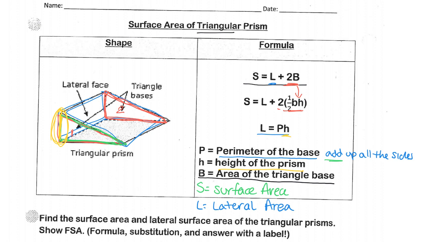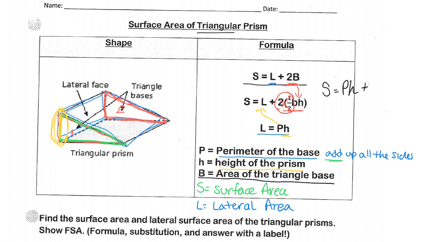Okay. So let's plug this in for L, so that way we have a streamlined formula. This is the formula I'm going to use for surface area. Surface area equals perimeter times height plus, if we do 2 times 1/2 there, don't those cancel out?